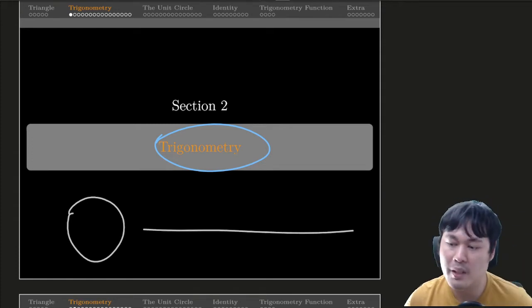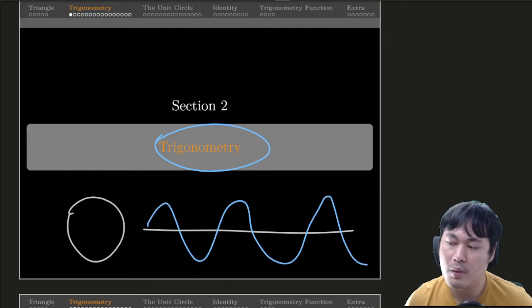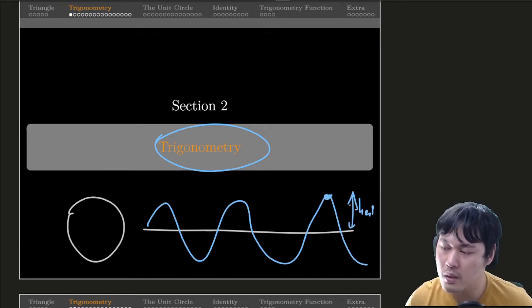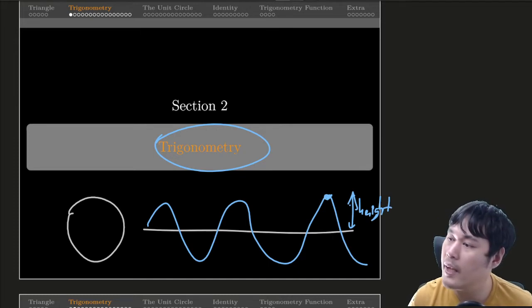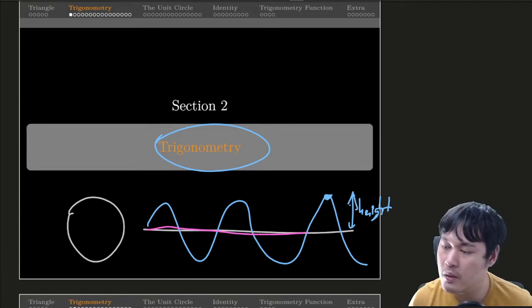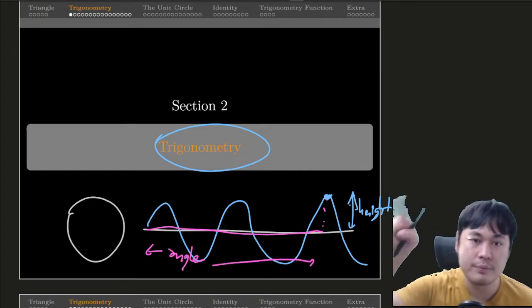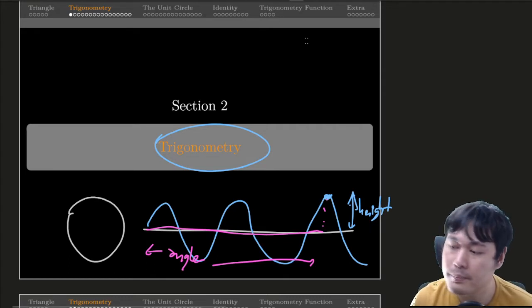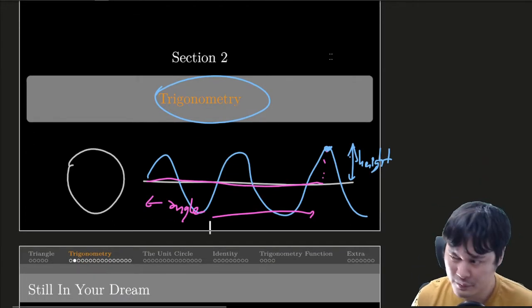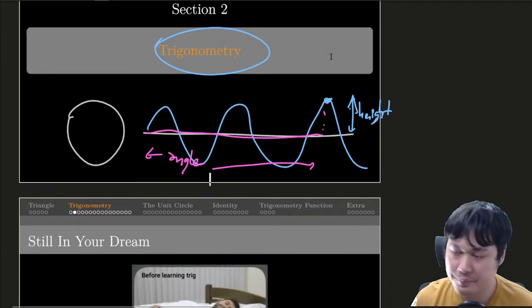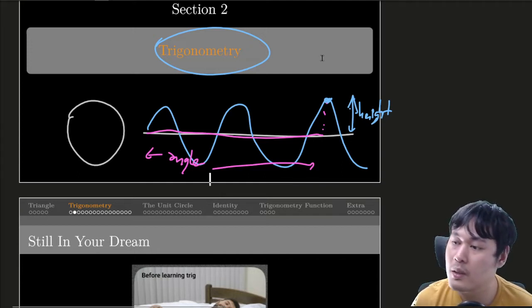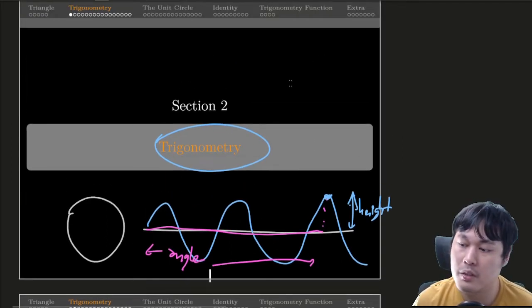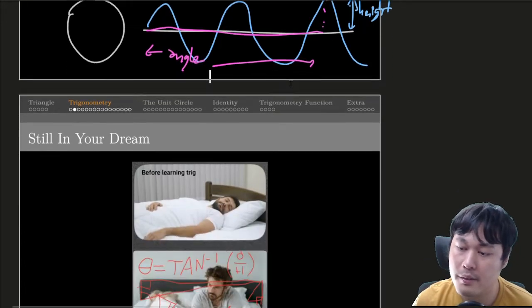If you move something up and down, we want to find the relationship between the height, the angle, and how far around the circle you have moved. And you can use these trigonometry functions in other places.